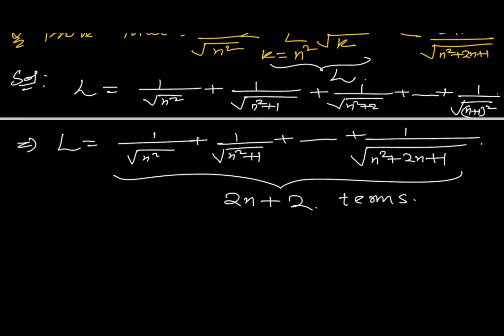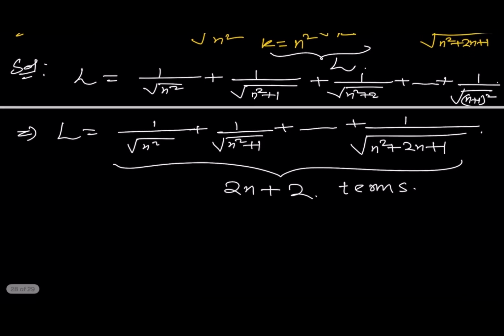And also if we are searching for the least term, so what is least? The least term will have the greatest denominator, right? So the greatest denominator is contained by the last term.